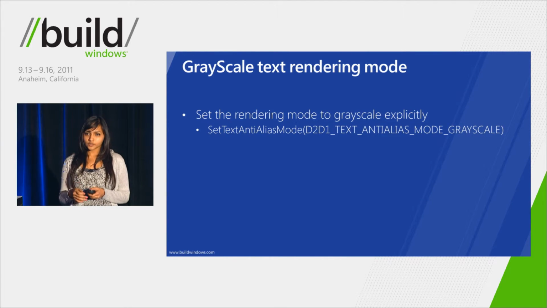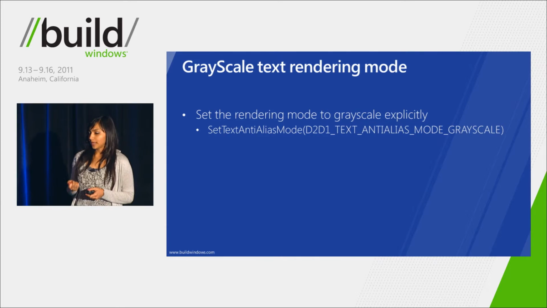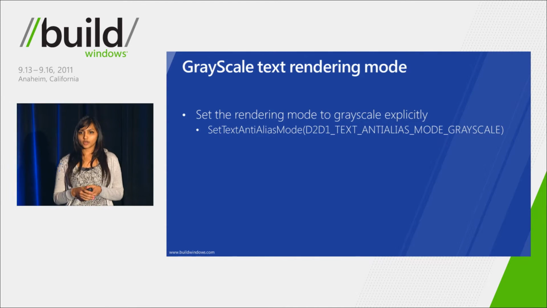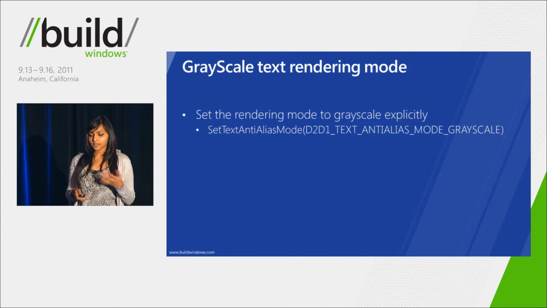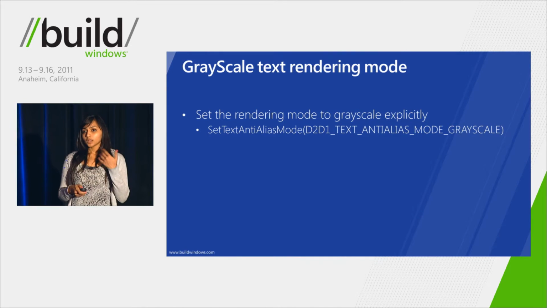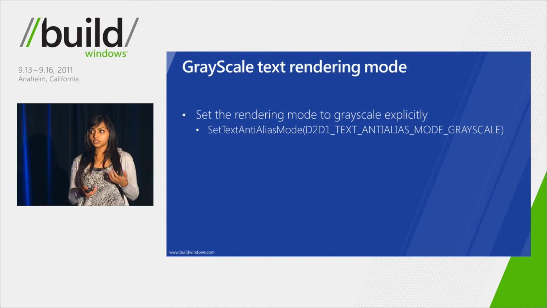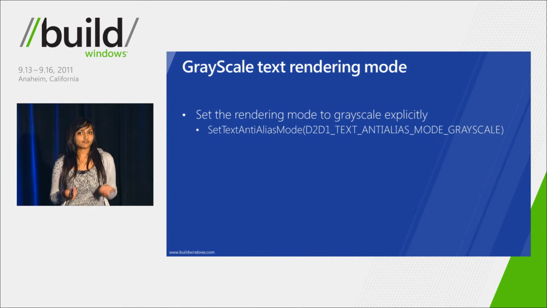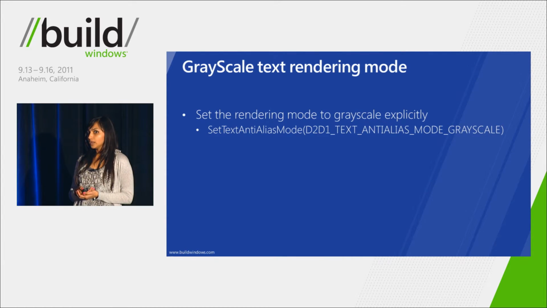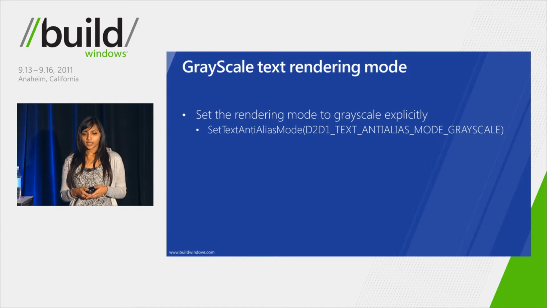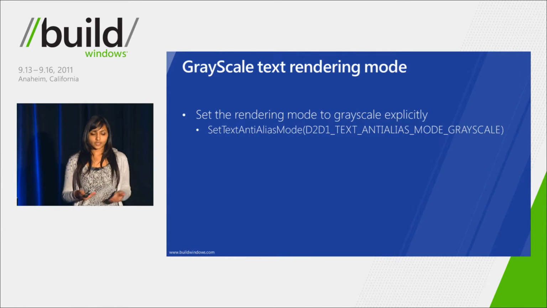But there are certain scenarios in which you might not get that. For instance, if you're creating a device context with the alpha mode set in D2D to ignore, which you might need because it makes it faster, and if you're not dealing with opacity, in that particular case, you will not get grayscale by default, and your text might not be as fast as you're expecting.